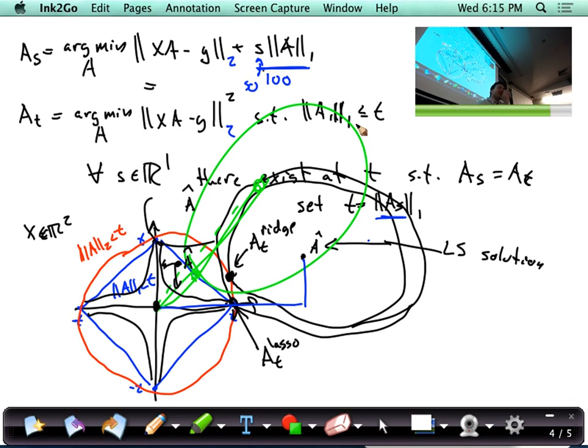But if I make it a little bit bigger, unless you get some really strange cases, you're always going to get exactly 1 coordinate. You're going to get 1 value. So sparsity is going to go from 0 to 1. And as you increase t, you're going to get more and more coordinates that are allowed. If I increase this ball further out so it included the optimal solution, then after that point I have all the coordinates, right?